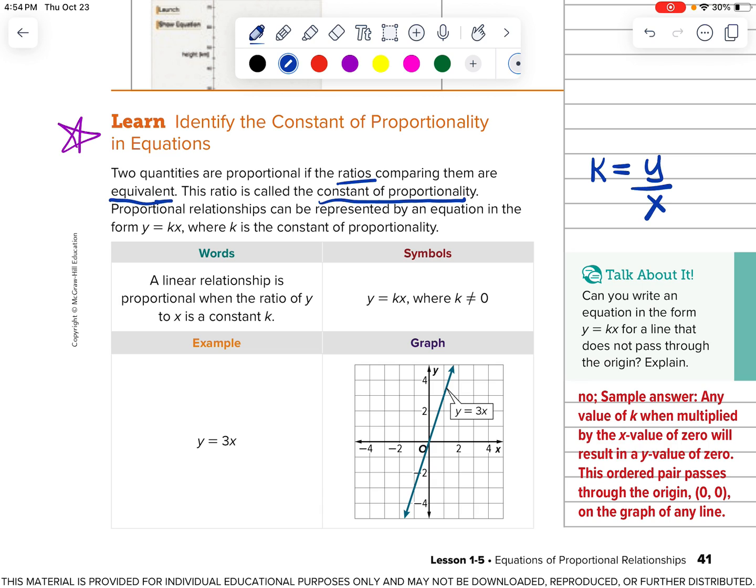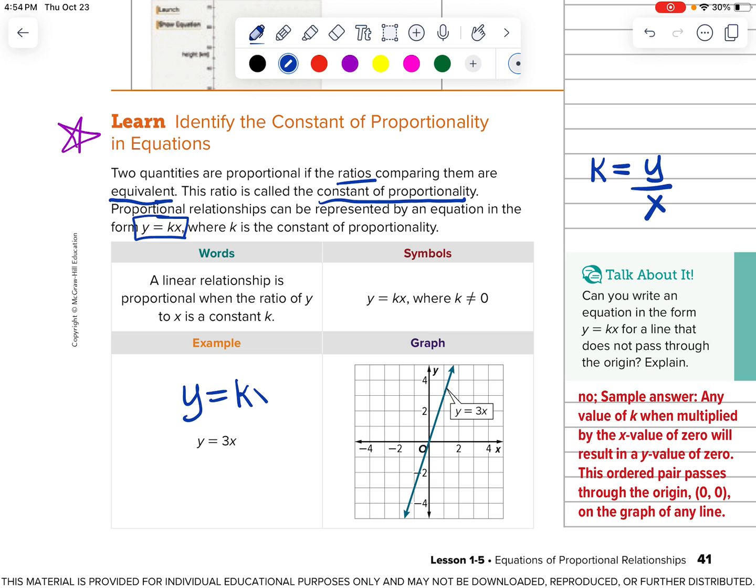Well, today we're going to find that the equation to represent proportionality, whether it be a graph or a situation, is always going to be y equals kx.